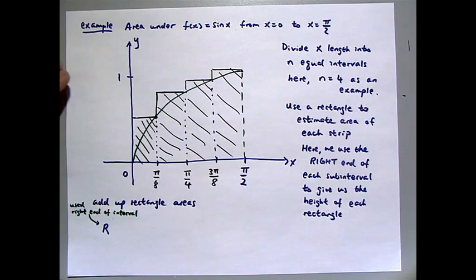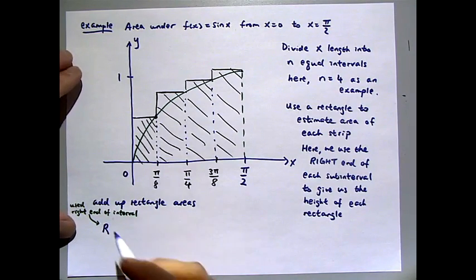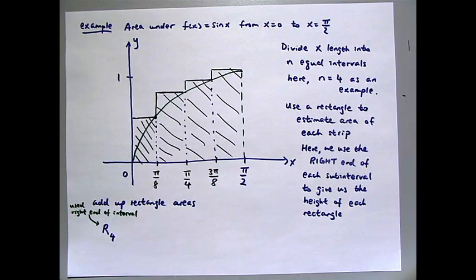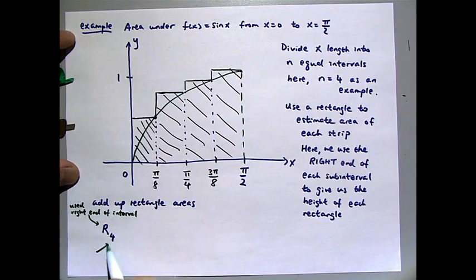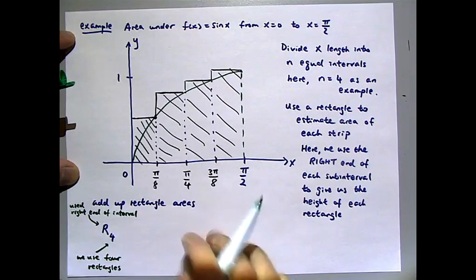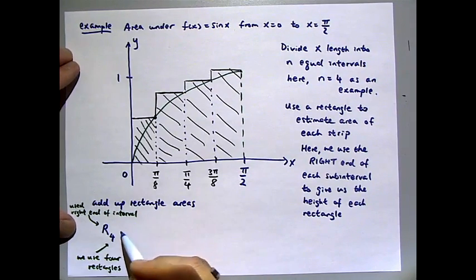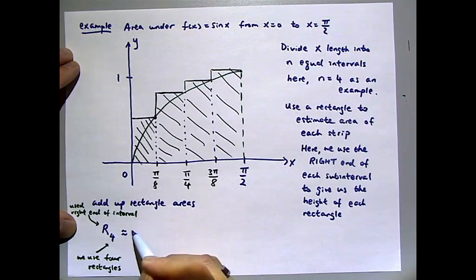And then the subscript tells me how many rectangles I've chosen to use. I used 4. So R4, we used 4 rectangles. And this is going to be approximately equal to the true area.